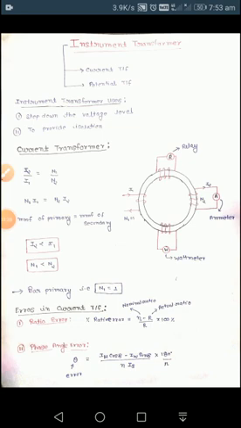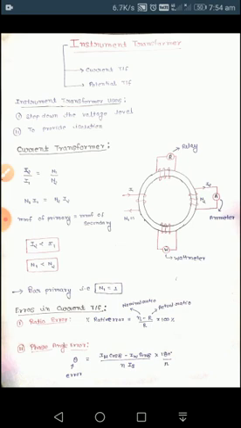Here the figure shows the basic construction of a current transformer. Here you can see that the primary current is going in the input terminal and there are three secondary windings. In one secondary winding we connected a relay as shown in figure.